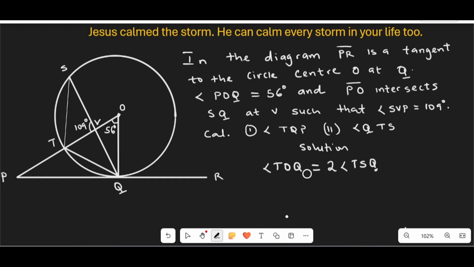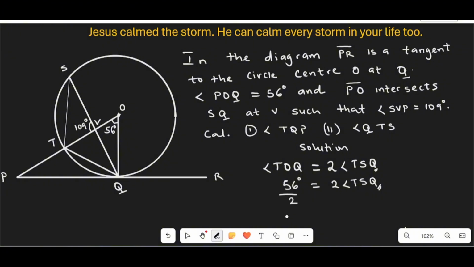So let us substitute 56 degrees into this equation. 56 degrees equal to 2 multiplied by angle TSQ. So let us divide both sides by 2.